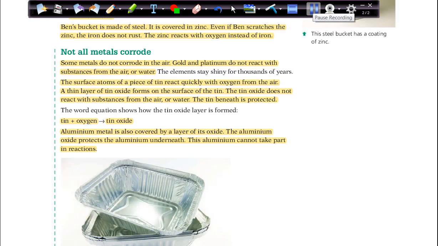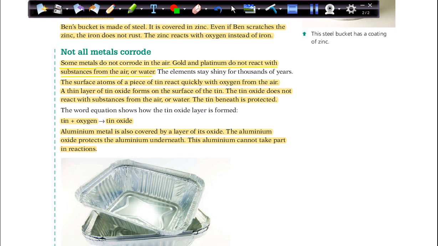Okay, we talked about iron corrosion, copper corrosion, silver corrosion. So do all metals corrode or not? Not all metals corrode. Some metals do not corrode in the air. Gold and platinum do not react with substances from the air or water.